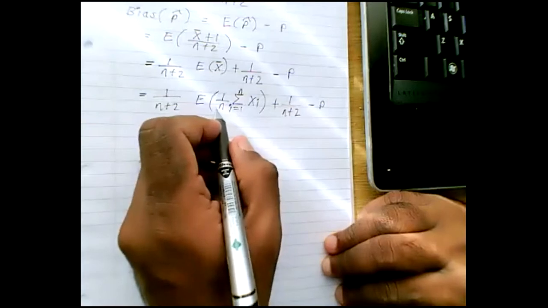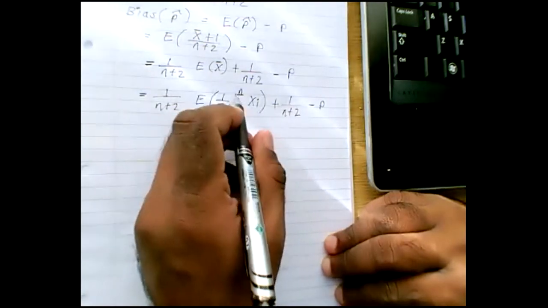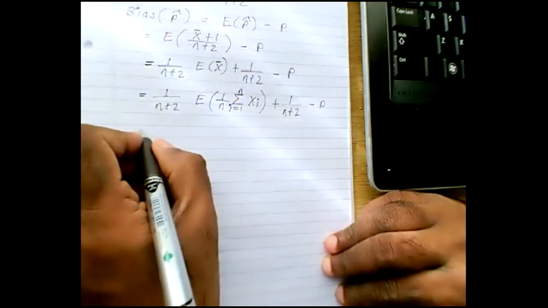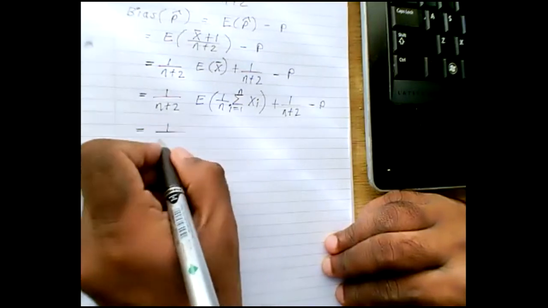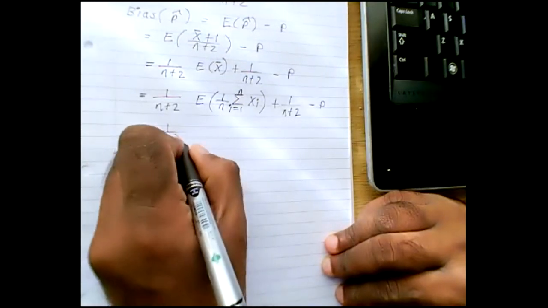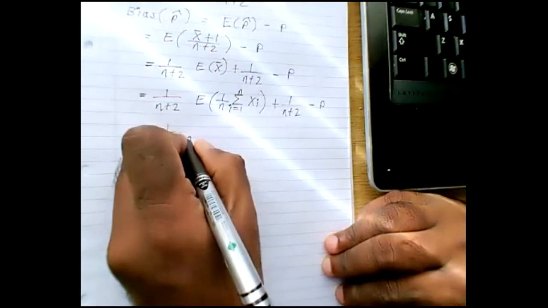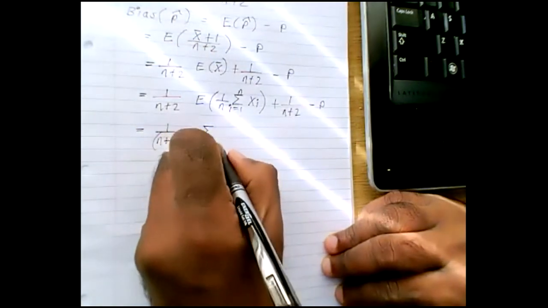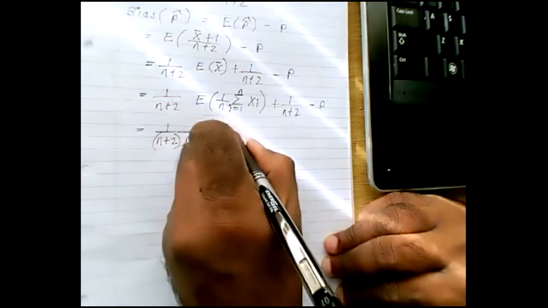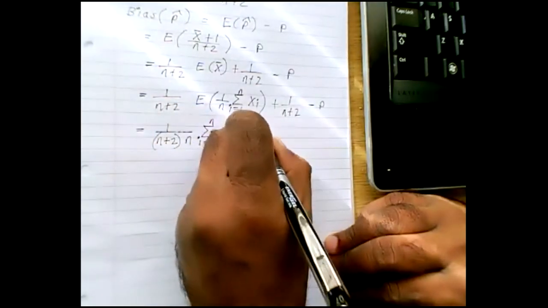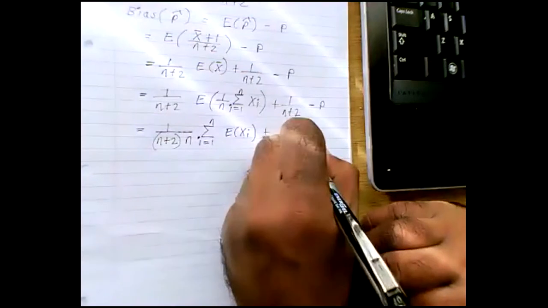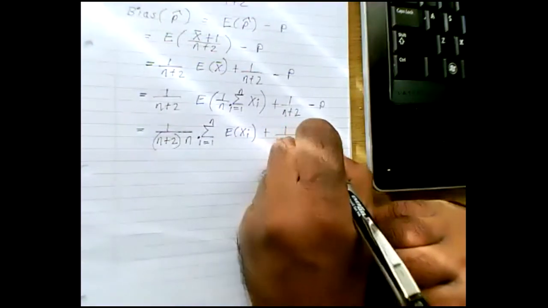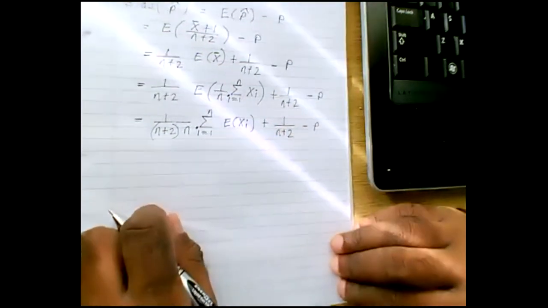Now, if you take the expectation inside the brackets here, you will get 1 over n times the sum of the expectations.